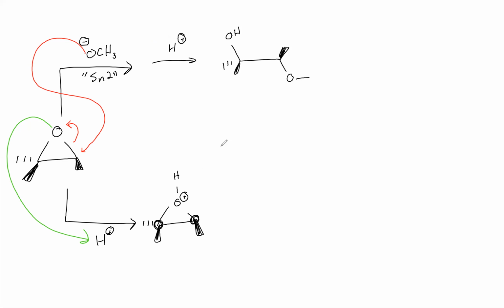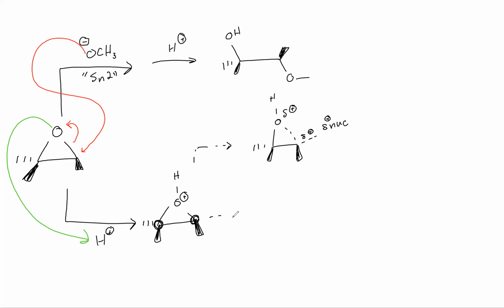When we attack at that right carbon, we're going to end up with this transition state. H, with a partial positive on this oxygen, a partial positive on this carbon, and a partial positive on whatever our nucleophile is, which is going to be HOCH3, but we will do it in a second. So we end up like this.